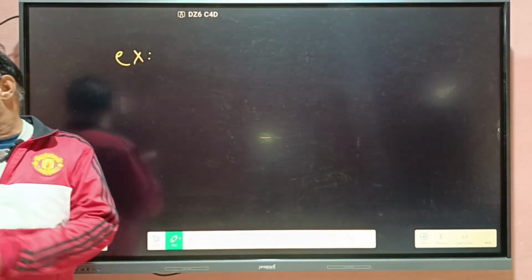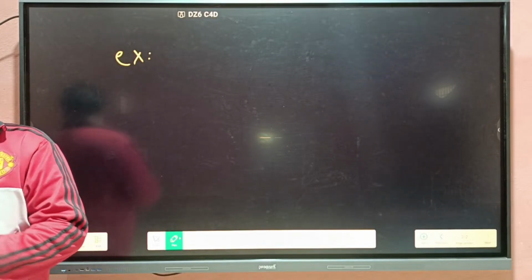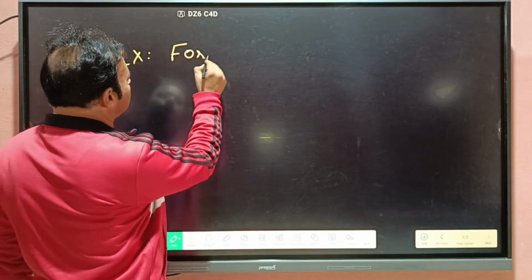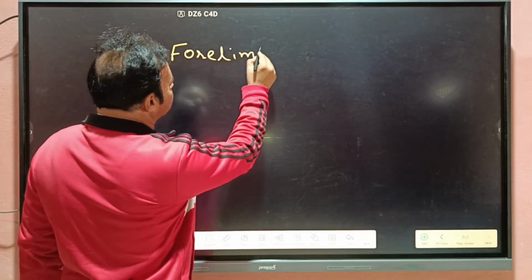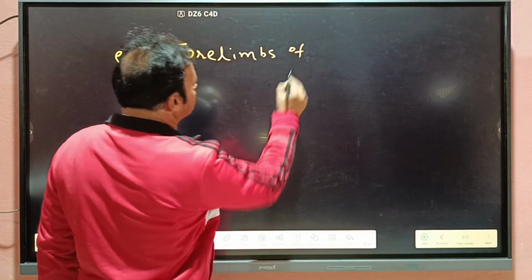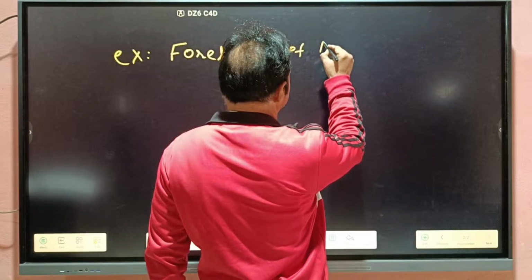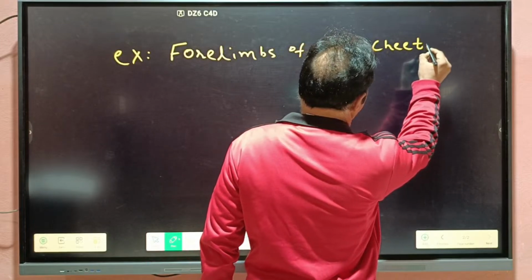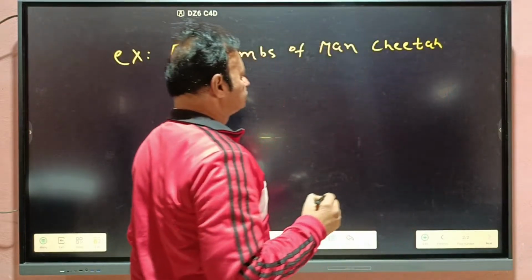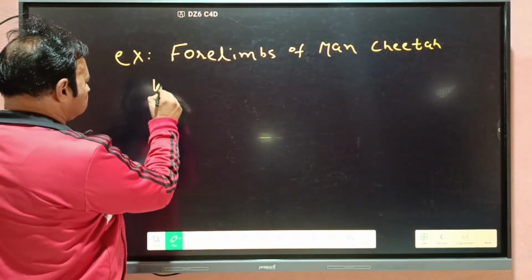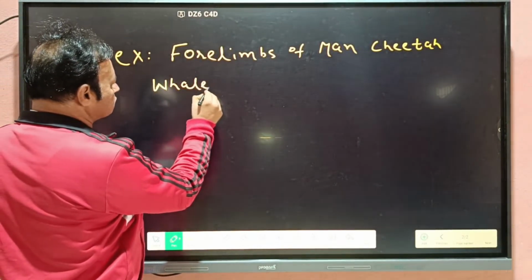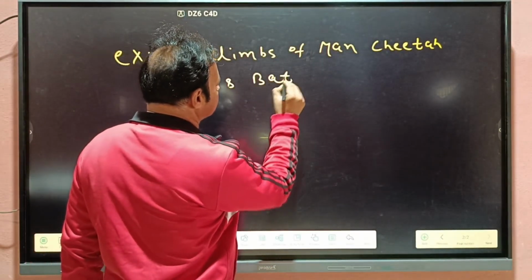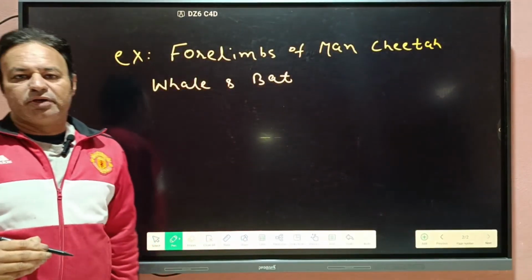First example is the forelimbs of man, cheetah, whale, and bat.